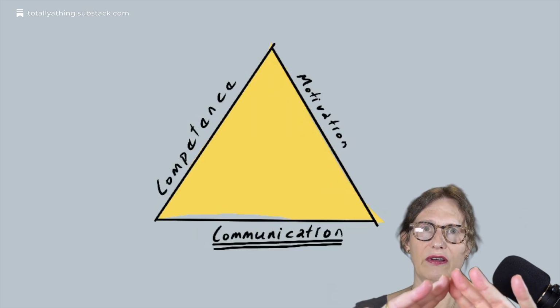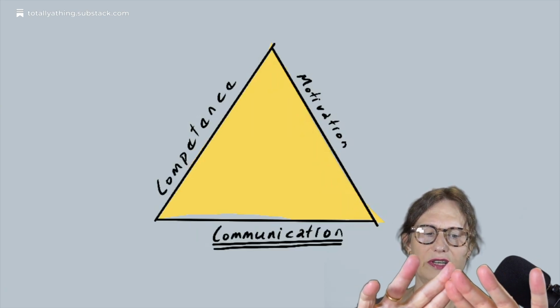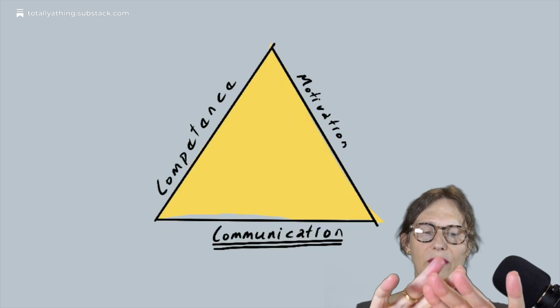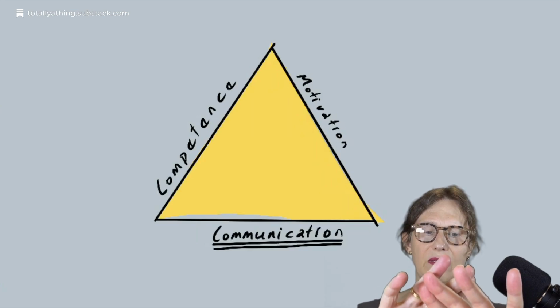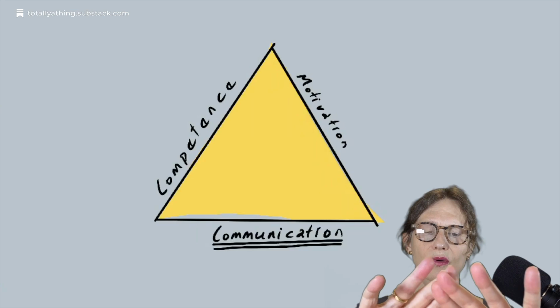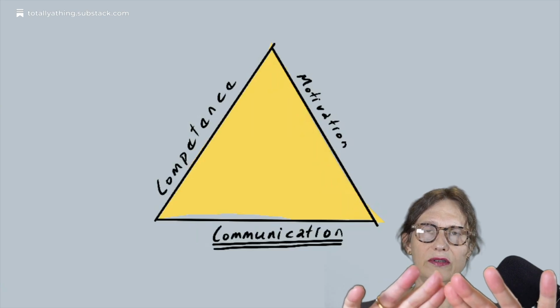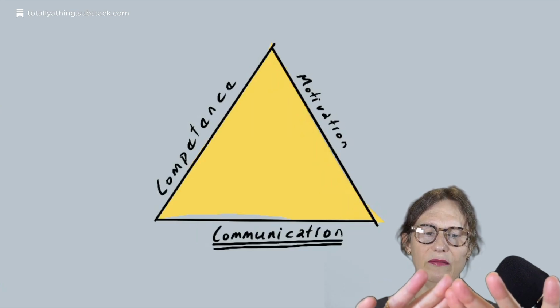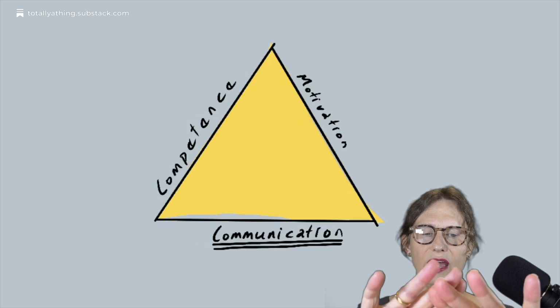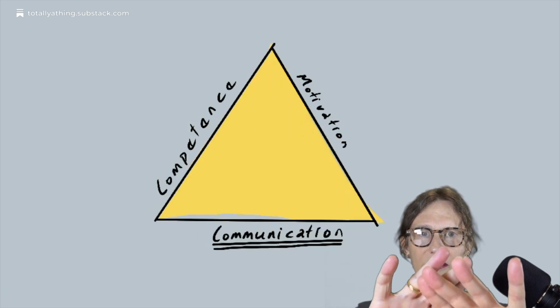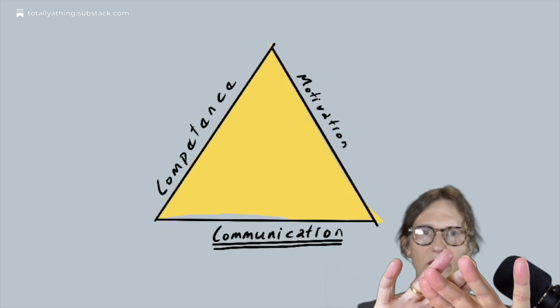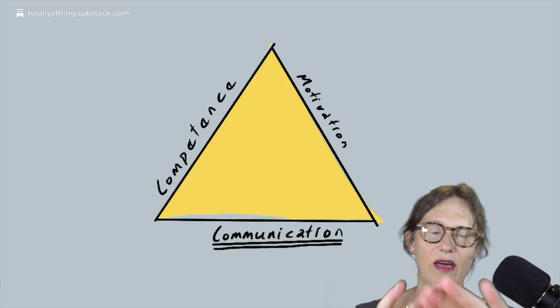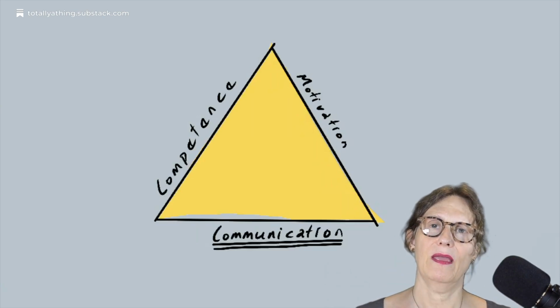Going back to that triangle, it gets constricted by the most narrow item in there. So even if you were to get those 10x engineers and motivate them effectively, if your communication is terrible, it's still going to limit that throughput and choke off the very lifeblood of that team.